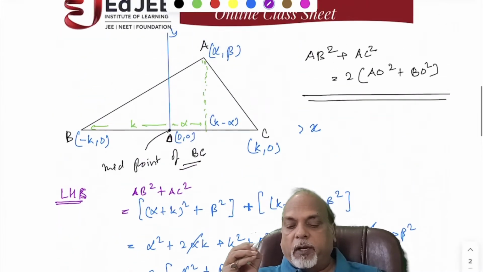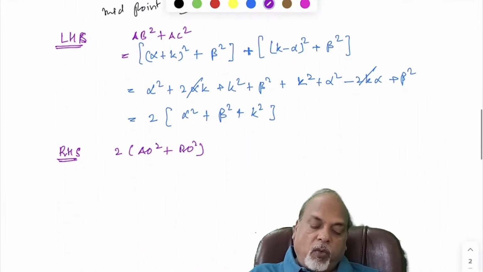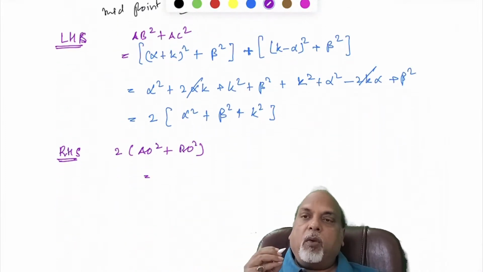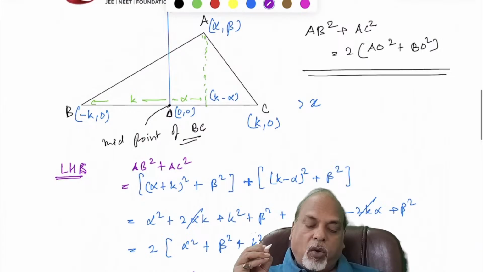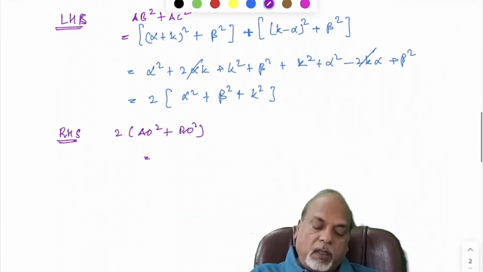We have this only, AO square, BO square. What is this? What is AO square? AO square is nothing but alpha square plus beta square. 2 alpha square plus beta square.